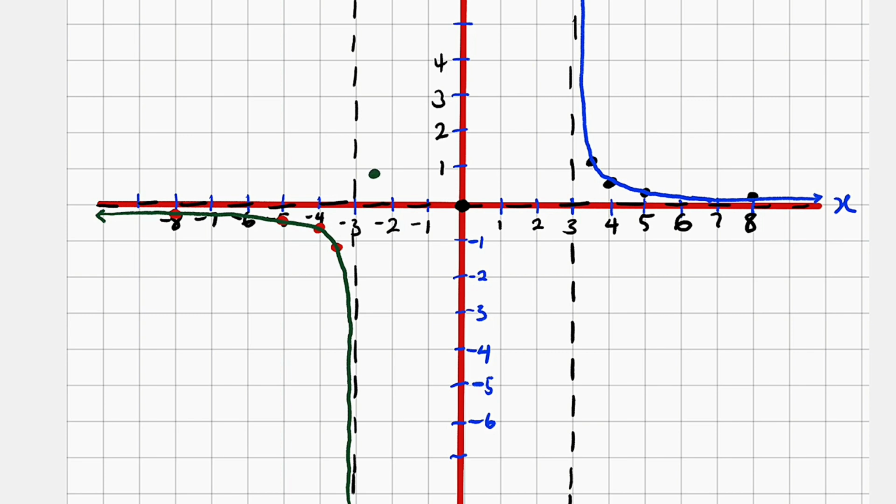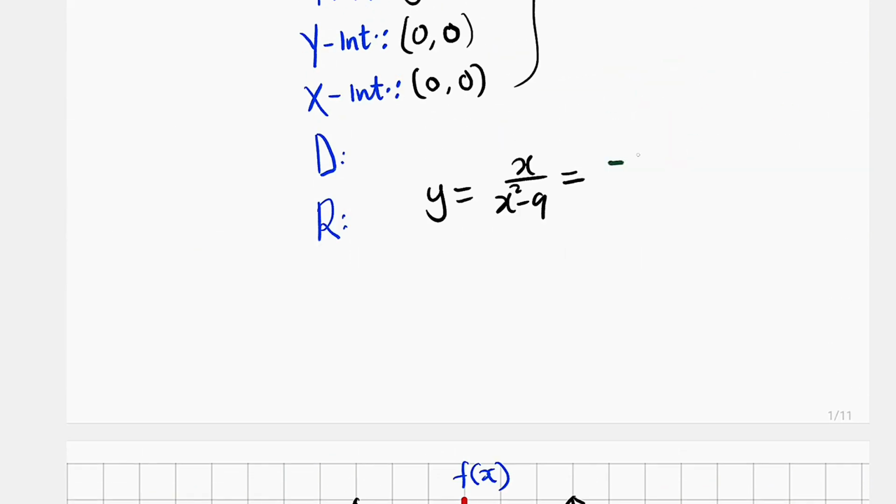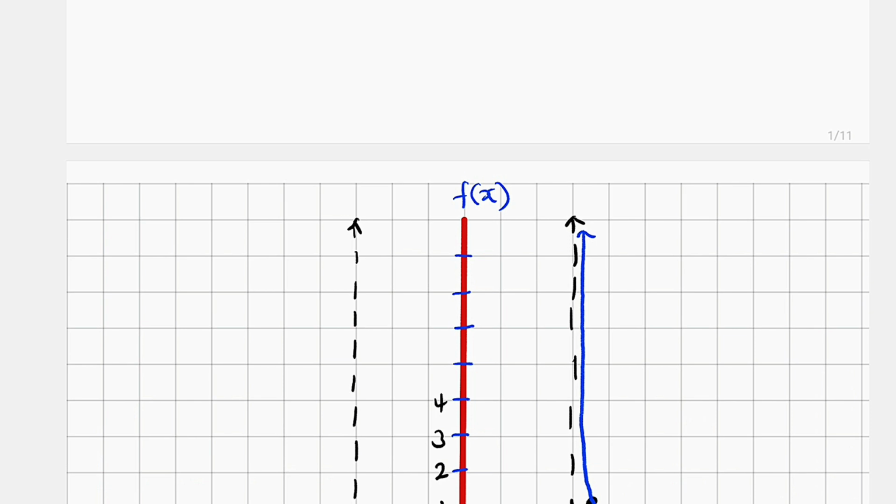Okay, now we can test for -2. This is equal to -2 divided by -2 squared is 4, and 4 minus 9 is -5. Negative cancel. 2 divided by 5 is equal to 0.4. So when x is -2, y is 0.4. We have 0.4 somewhere here. Let me test for -1.